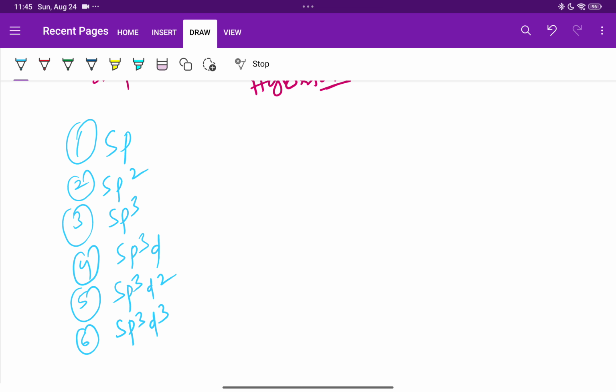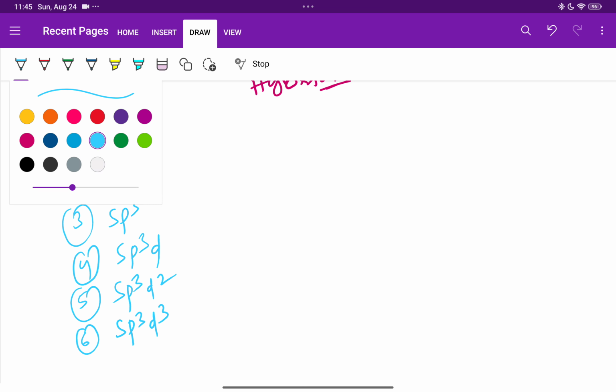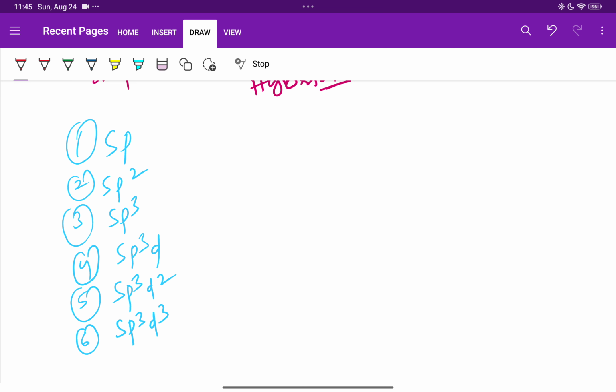In competitive exams, for every hybridization they ask for the example molecule as well as the bond angle and shape. For sp hybridization, the example is the BeCl2 molecule, the bond angle is 180 degrees, and the shape of the molecule is linear.